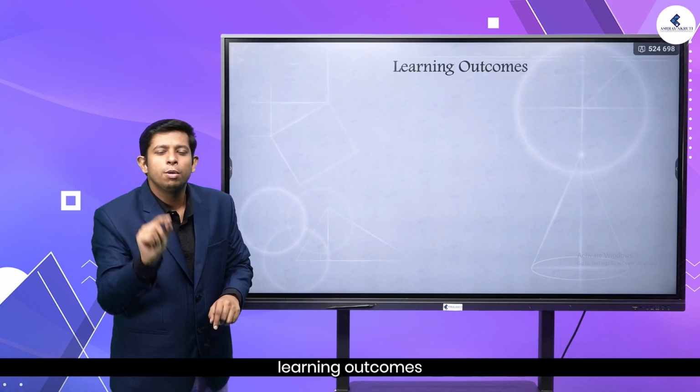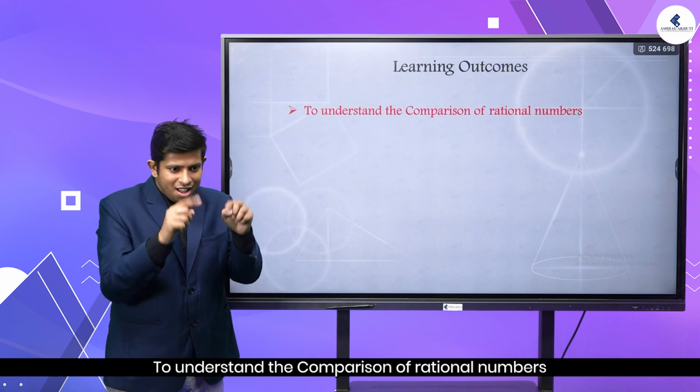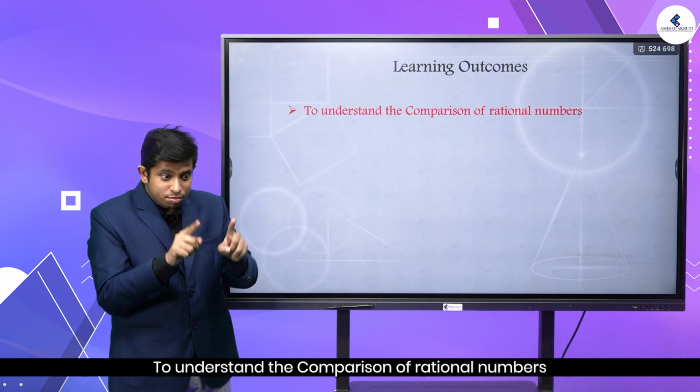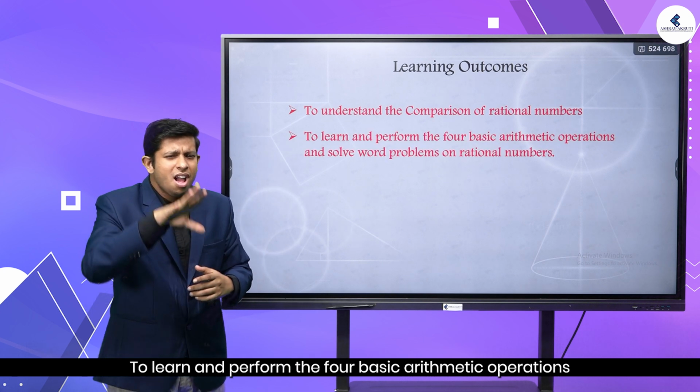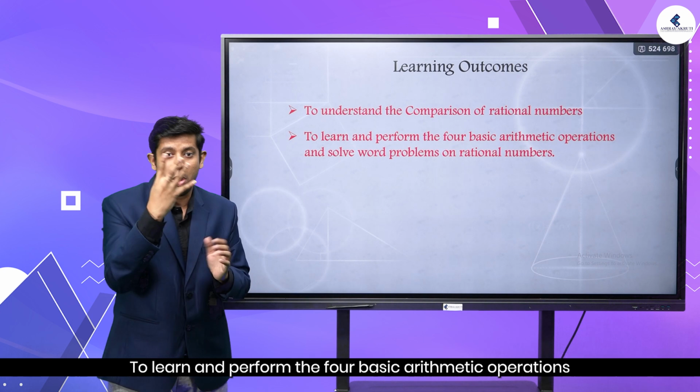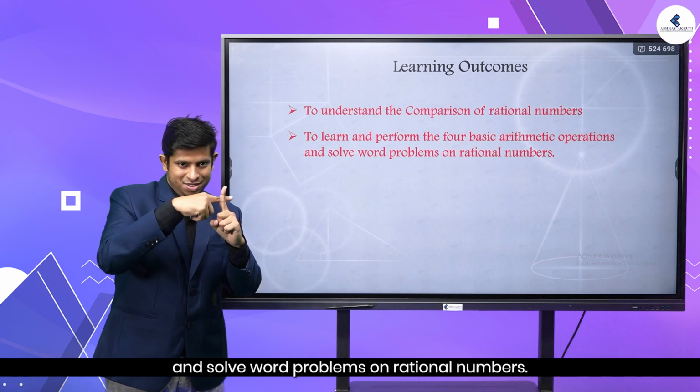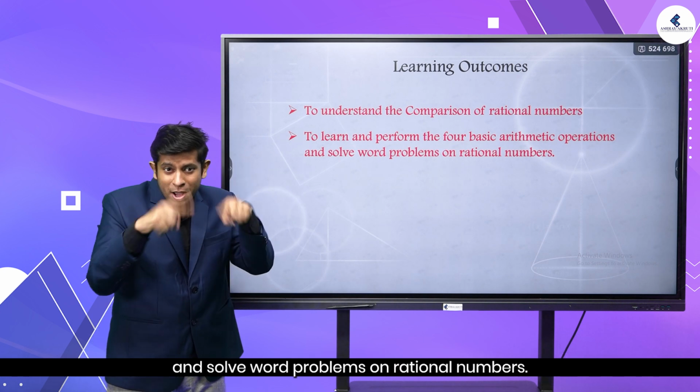Learning outcomes. To understand the comparison of rational numbers. To learn and perform the 4 basic arithmetic operations and solve word problems on rational numbers.